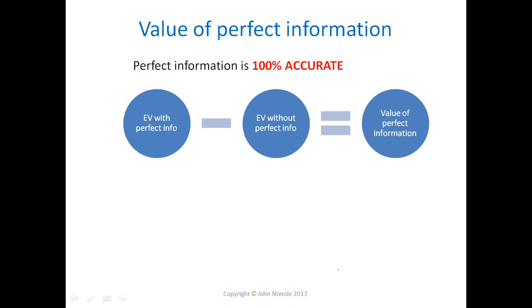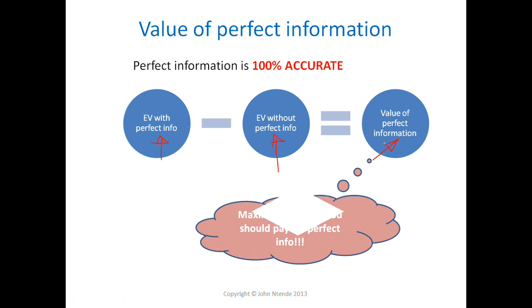The value of perfect information is the expected value when we have perfect information minus the expected value without perfect information. So that gives us the value of perfect information. But what does this mean? It means that value is the maximum amount we should pay for perfect information.